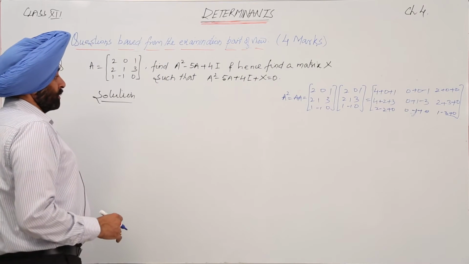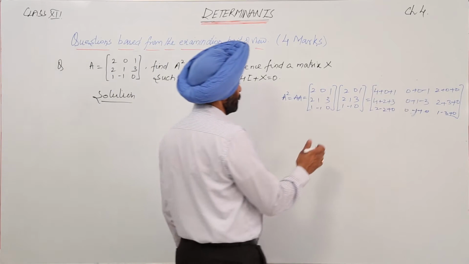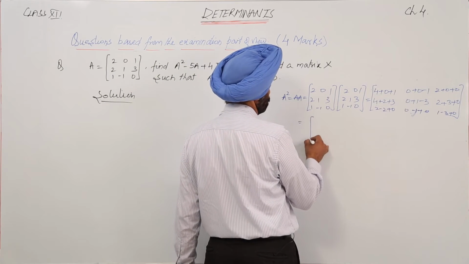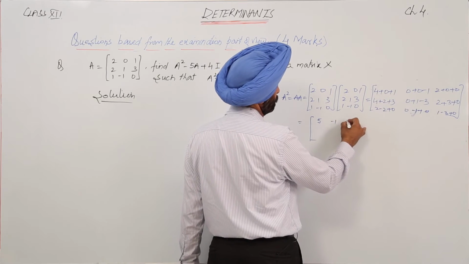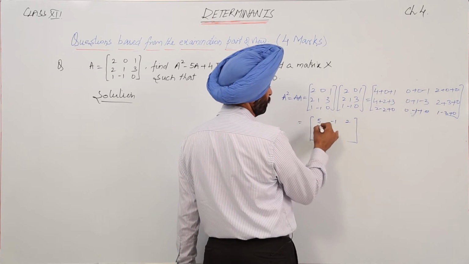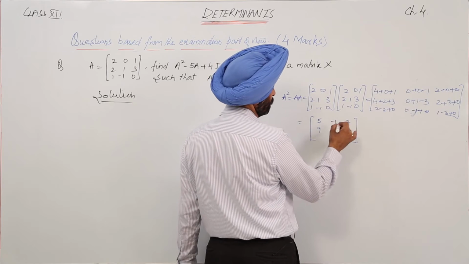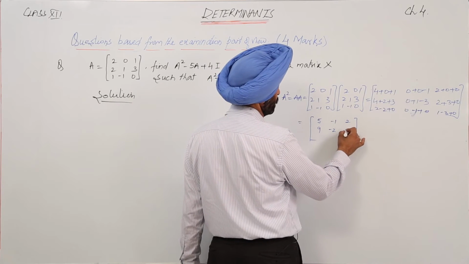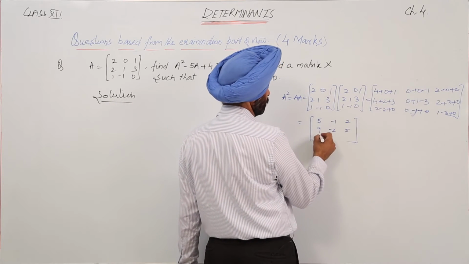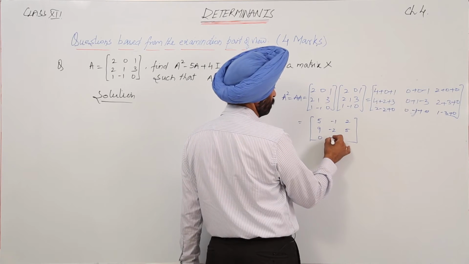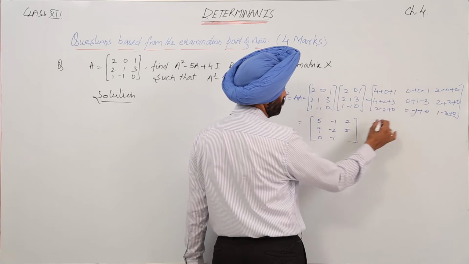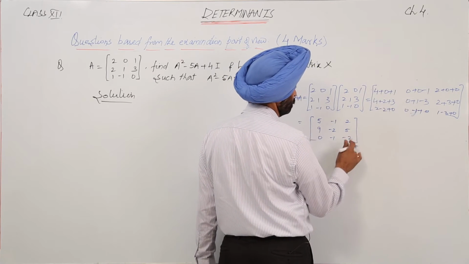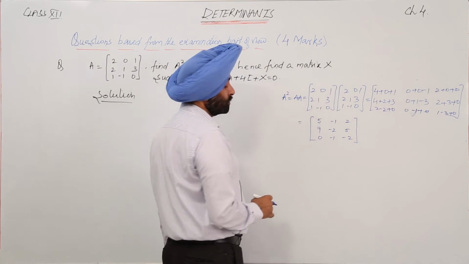Now after adding we get 5, minus 1, 2, then 9, minus 2, 5, and then 0, minus 1, minus 2. So this is A².